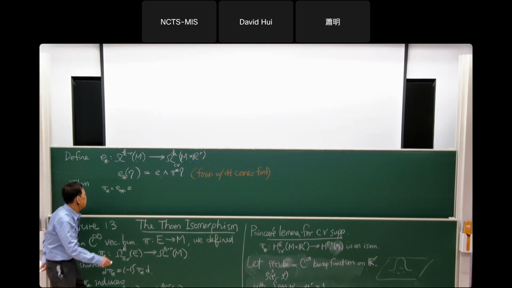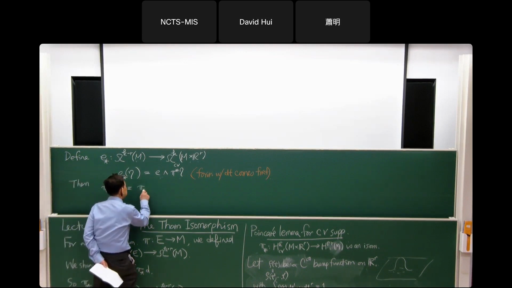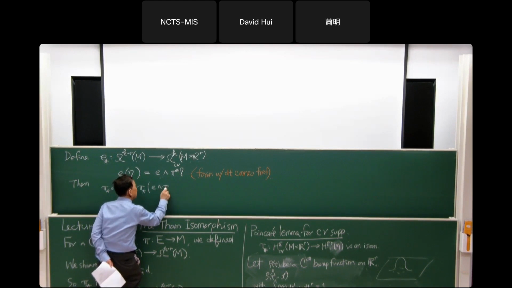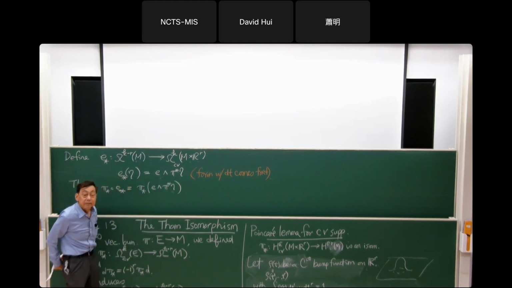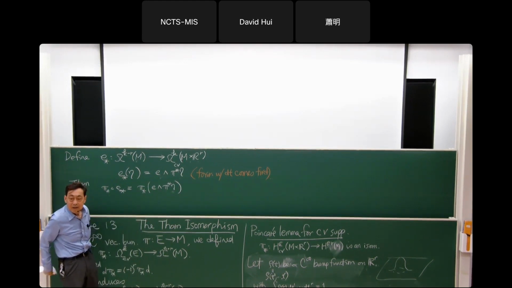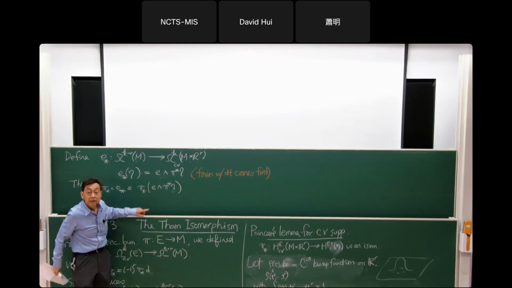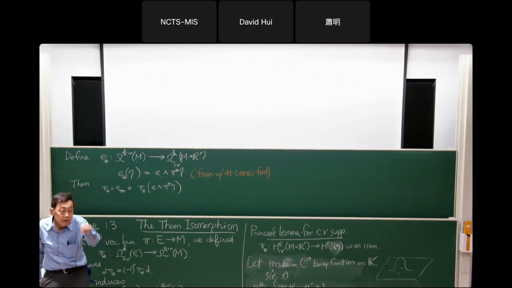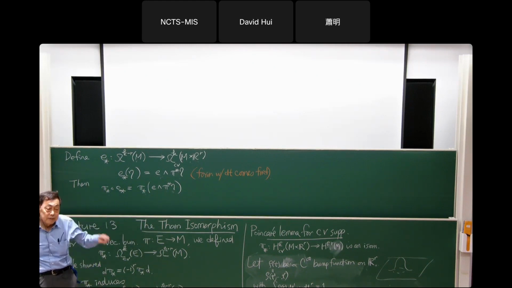I mean, it's going to be pi lower star of E wedge something that has only dx in it. Okay? And pi lower star is integration along the fiber. So you integrate out the dt's. And so what do you get?